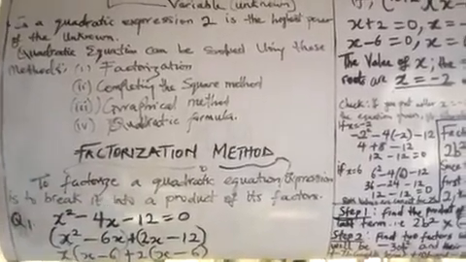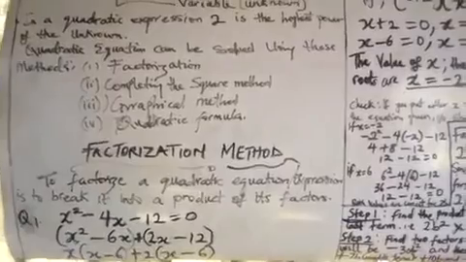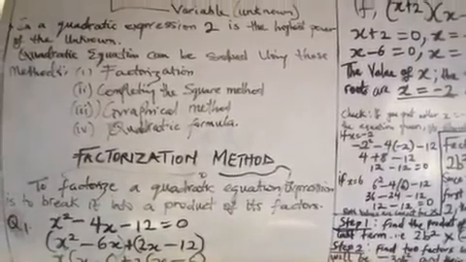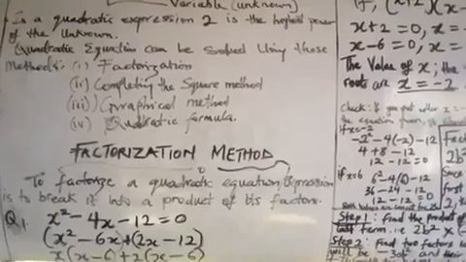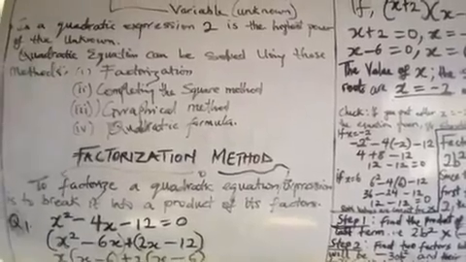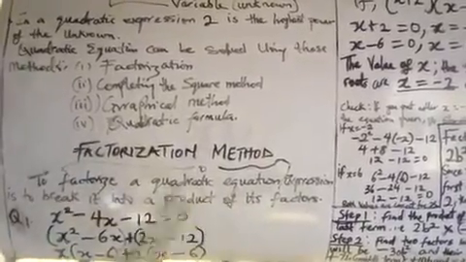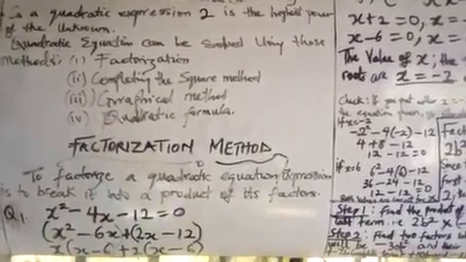I want us to first of all embrace factorization before we move into its application in quadratic equations. To factorize a quadratic equation or expression is to break it into a product of its factors.